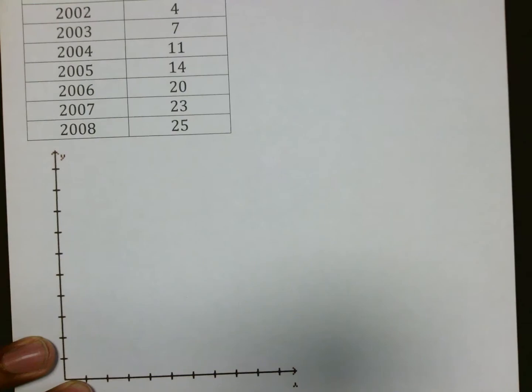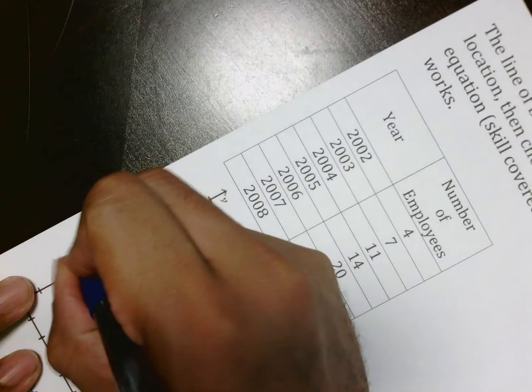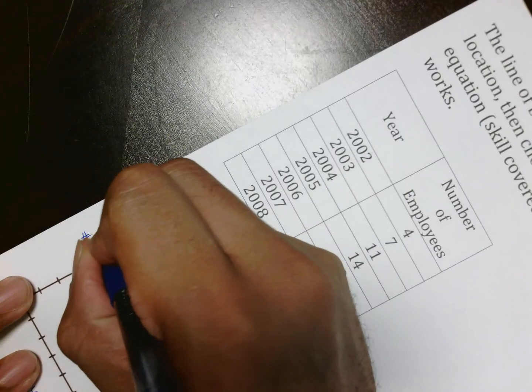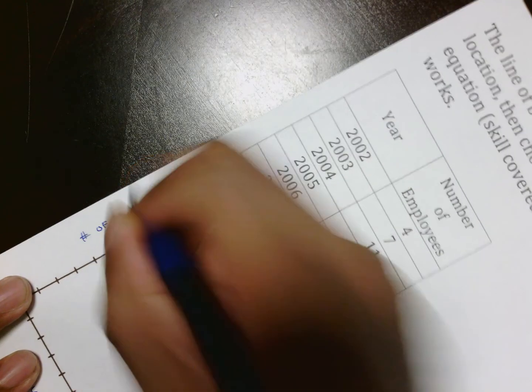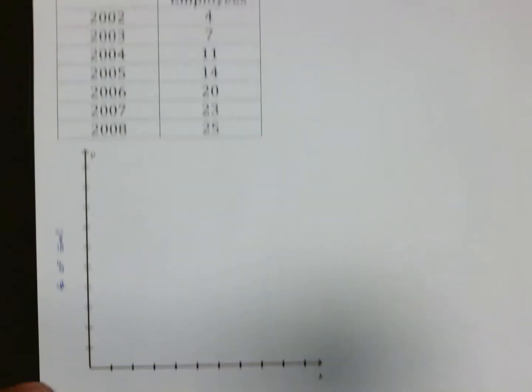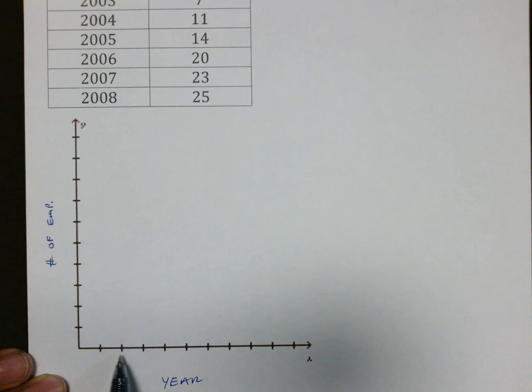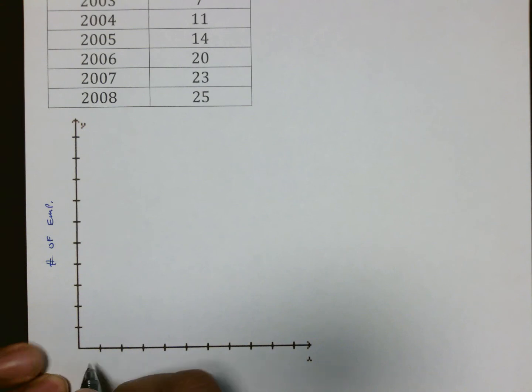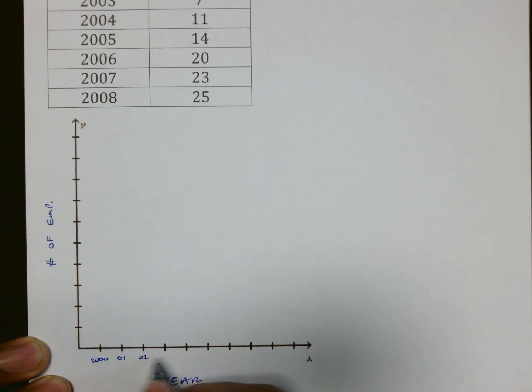Again, this would be your year, and this would be number of employees. And we have 2002 through 2008. At this I could do 2000, 01, 02, 03, 4, 5, 6, 7, 8, 9.